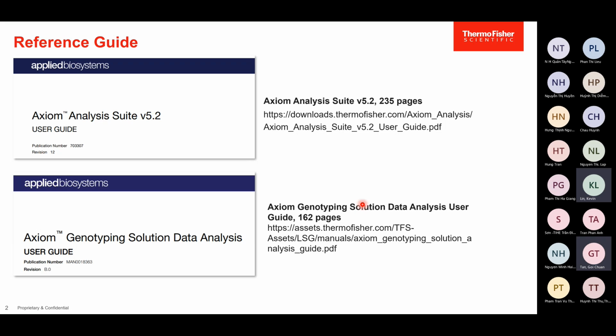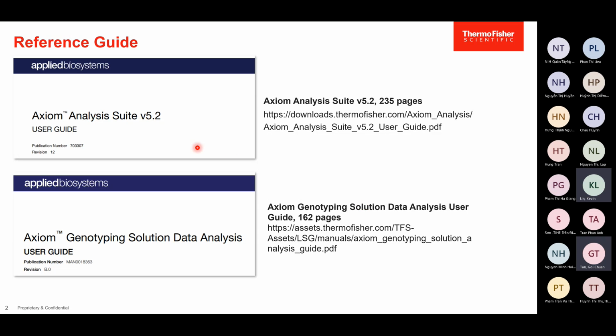Okay, I want to share with you that the genotyping and allele translation analysis will take some time to learn because it is a big topic. And these two documents are like my Bible, so it can be your Bible as well.